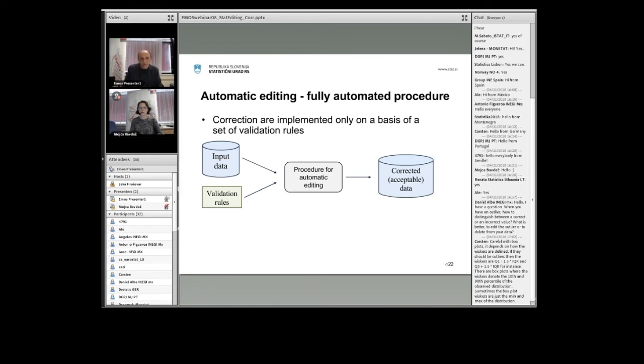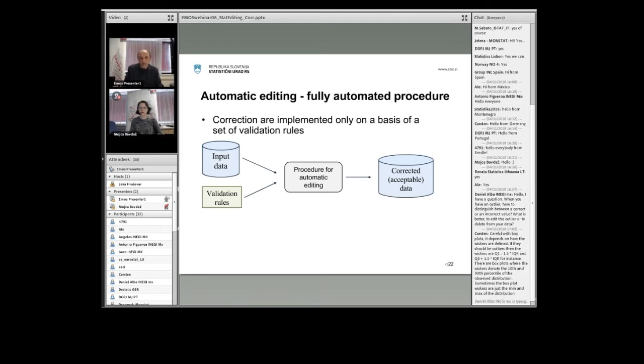Of course, it has to be pointed out that these corrected data are not correct in the sense that we defined before. These are in fact just acceptable data. They go through the validation rules, so you don't have any guarantee that there are no errors in this data anymore.